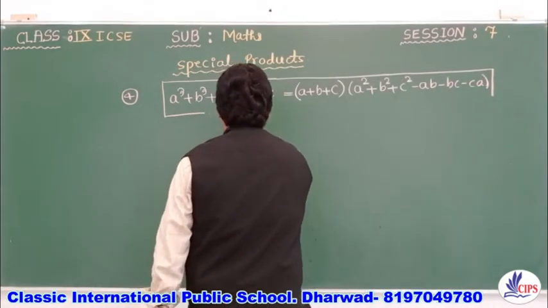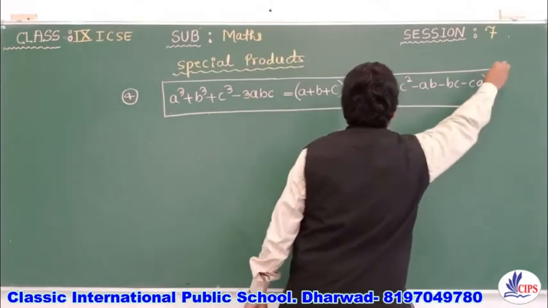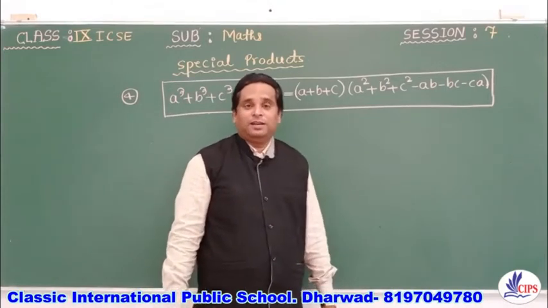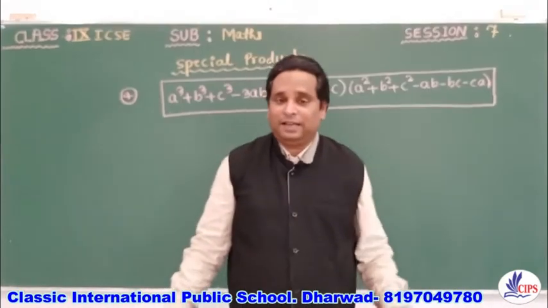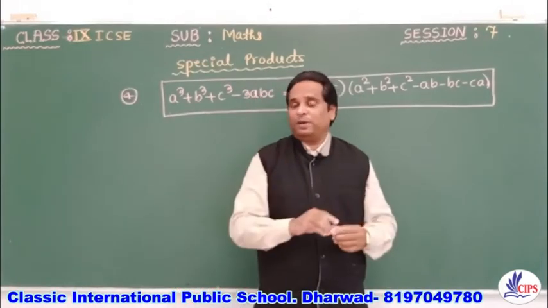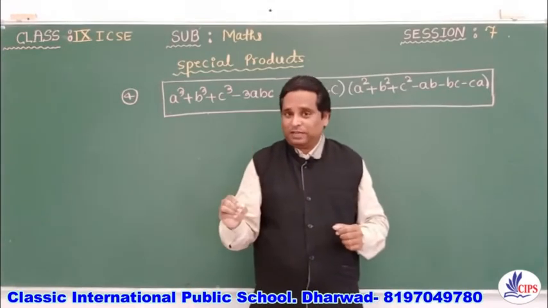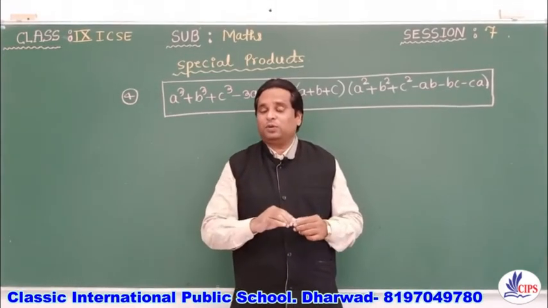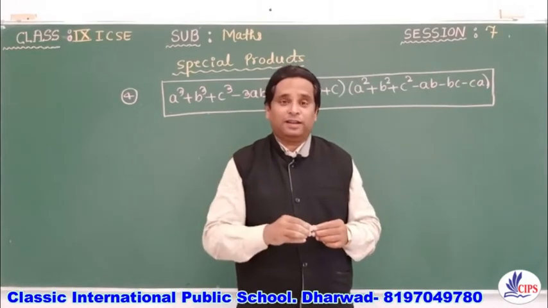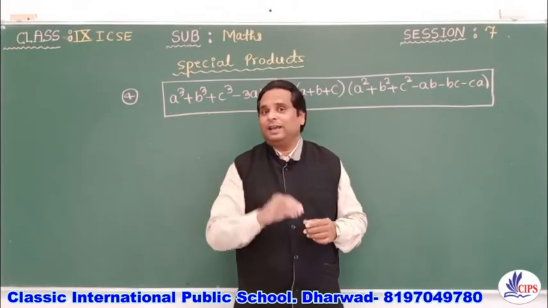a cube plus b cube plus c cube minus 3abc is equal to a plus b plus c into a square plus b square plus c square minus ab minus bc minus ca. These are the four special products you have to remember. The first special product is x plus a into x plus b into x plus c is equal to x cube plus a plus b plus c into x square plus ab plus bc plus ca into x plus abc.